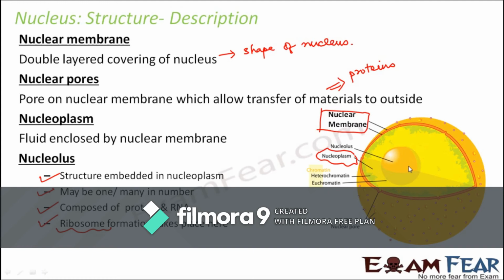Continuously protein and RNA will combine with each other and form protein RNA complex. And this area where a lot of protein RNA complexes are formed becomes dense, and that area is called nucleolus.